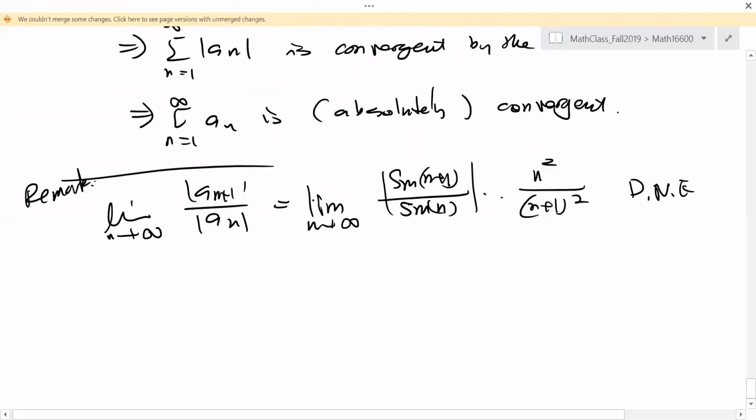So I just say the limit does not exist. You cannot say it's less than 1 or equal to 1. So we cannot use the ratio test, or even the root test. When you cannot use the ratio test, then usually you cannot use the root test.